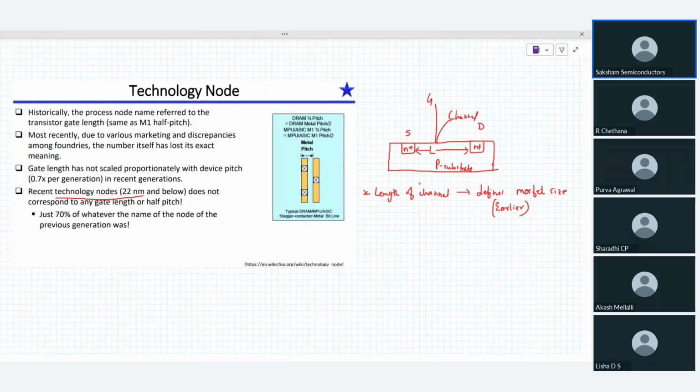The reason behind that is, like I told, these MOSFETs are getting scaled down. See, when I say scaled down, it doesn't mean that I'm just shrinking the size. Shrinking the size is totally different than scaling the MOSFET.